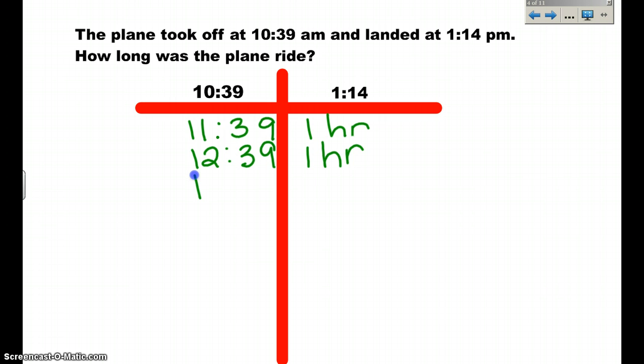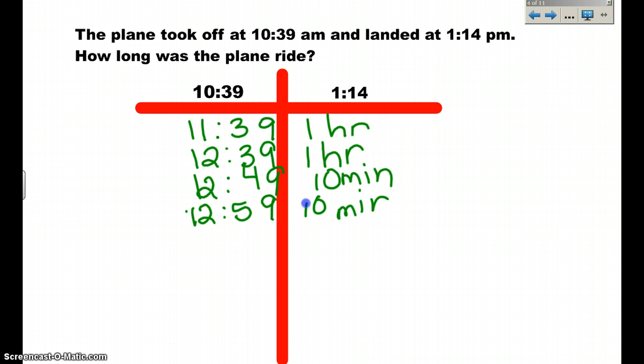So 12:39 plus 10 minutes would be 12:49. And over here I'm going to write 10 minutes. Then I've got 12:59. And again, I'm banking 10 minutes. Then remember, I've got to go to 1 o'clock, because there's only 60 minutes in an hour.